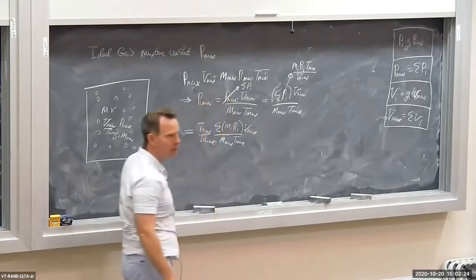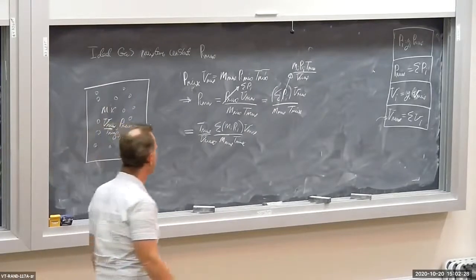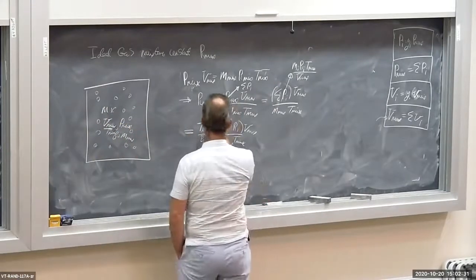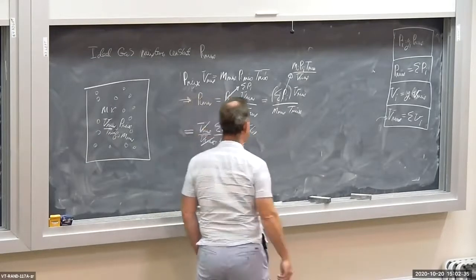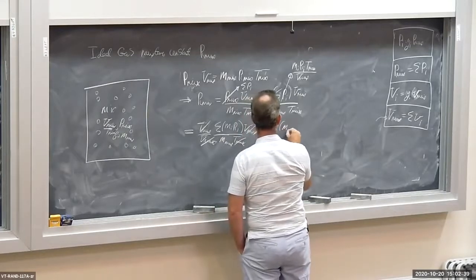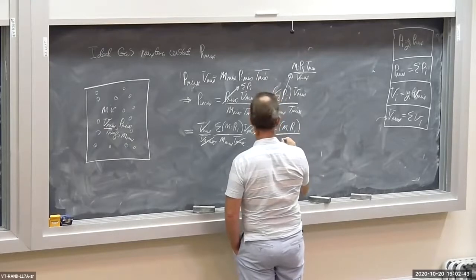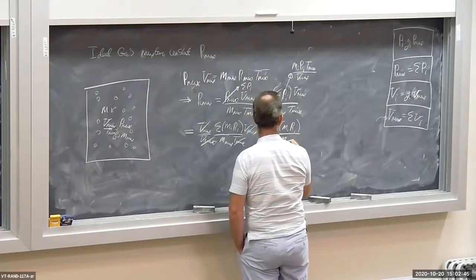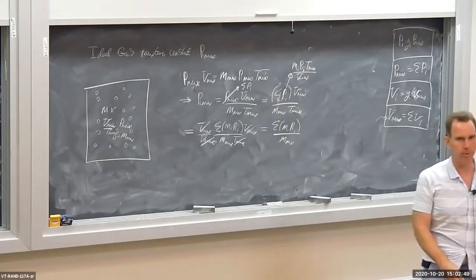I just made the substitution of the ideal gas law for the component. The T mix and V mix cancel out, and I get the sum of the mass of component i times its gas constant divided by M mix, which is equal to the gas constant for the mixture.